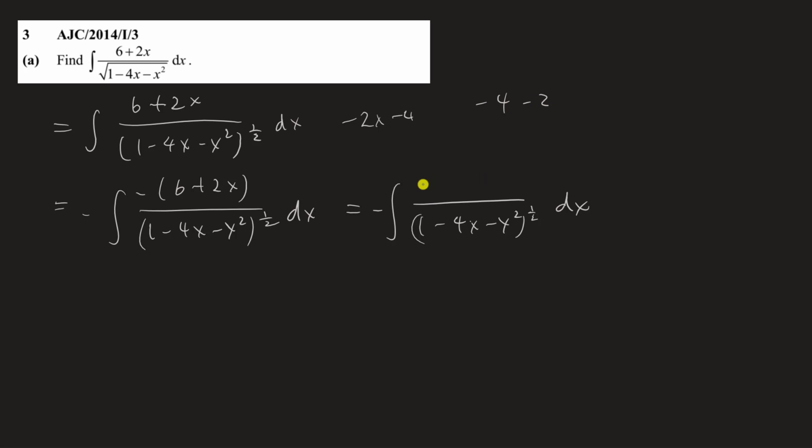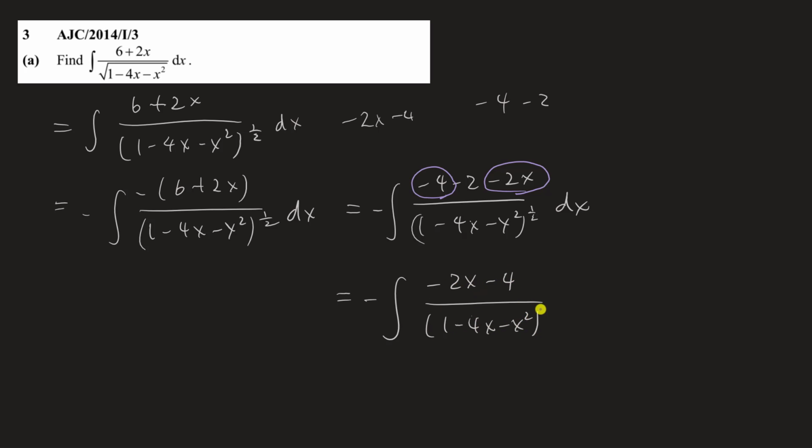So this will look like that, negative 4 minus 2 minus 2x. I'm going to collect this and this to give us this. Split into 2, minus, plus, negative 2, which is this lonesome guy, over the same fraction.